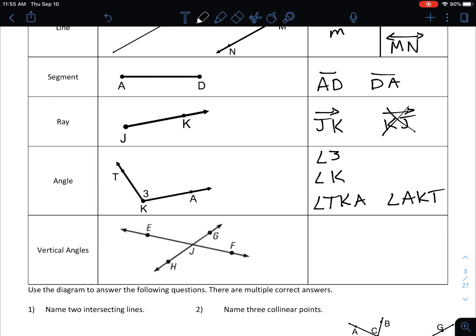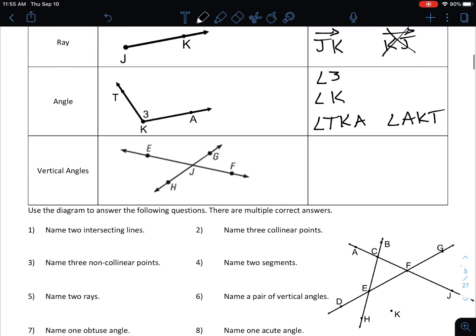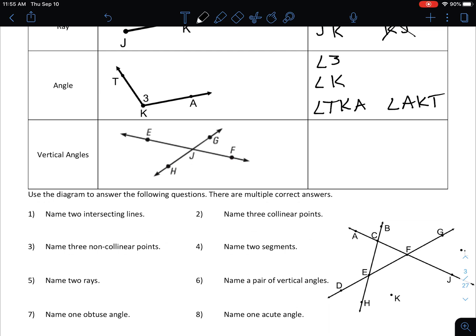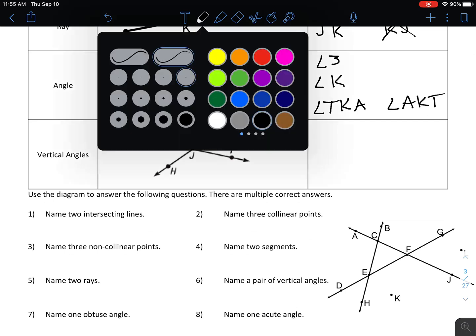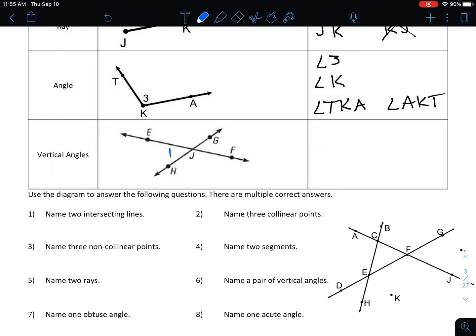One last vocab term that we're going to talk about before we do an example so that you can see all of these in practice is vertical angles. Just as a reminder, these angles that I've got right here, angle 1 and angle 3, that I just wrote into this diagram, are called vertical angles. In any pair of vertical angles, we can say that angle 1 is congruent to angle 3.